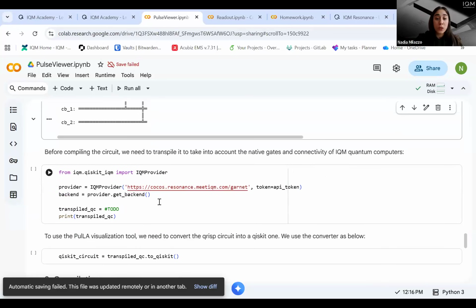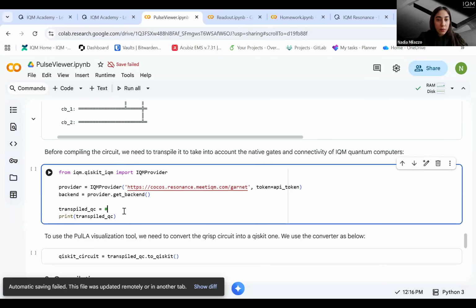And what we will need to do here is to transpile this circuit, as Danny showed us before, to actually be able to run this on the specific QPU, because we have seen there are connectivity constraints and also native gates constraints.